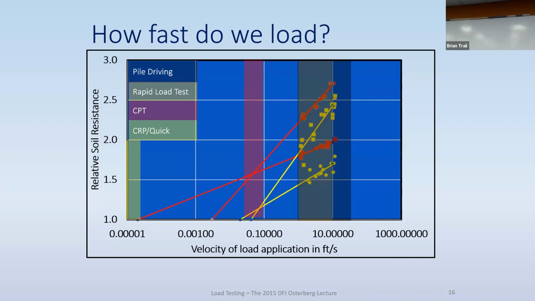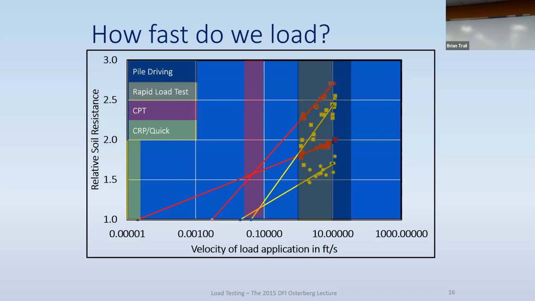And for example, the SPT testing method also is right here. There is the speed with which your cone penetrometer would penetrate the ground if you do that testing. And here would be a static load test over there at the very low end.